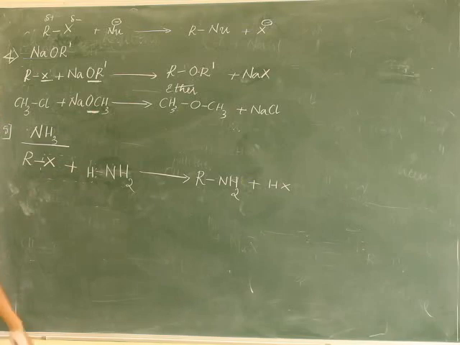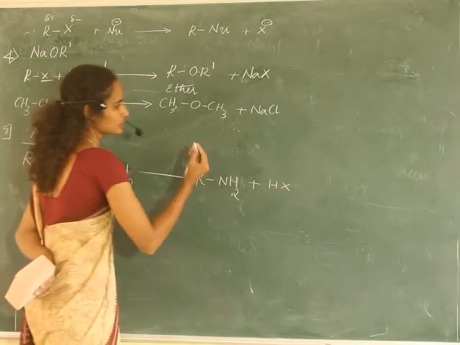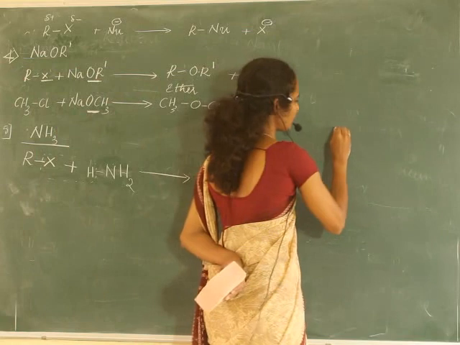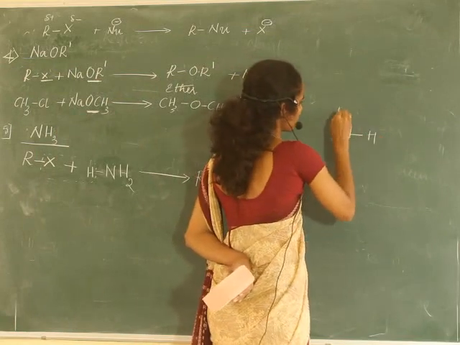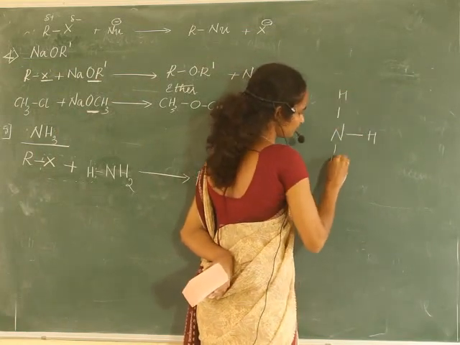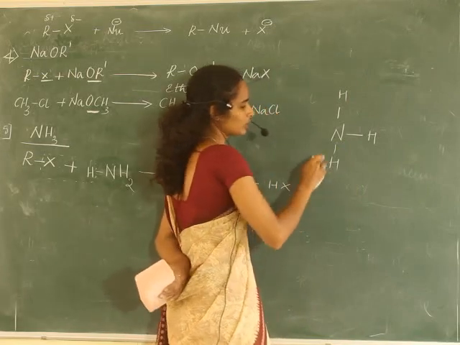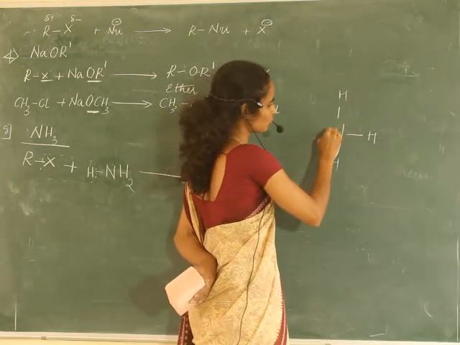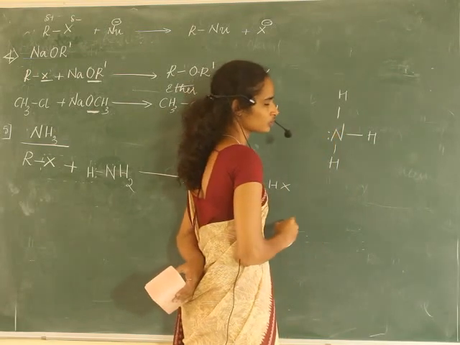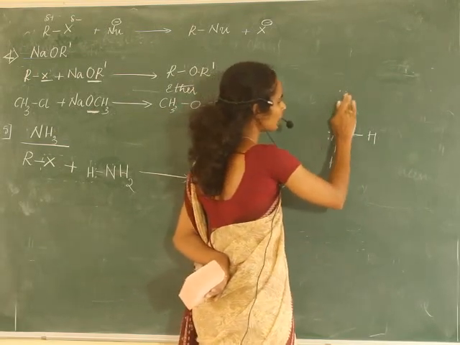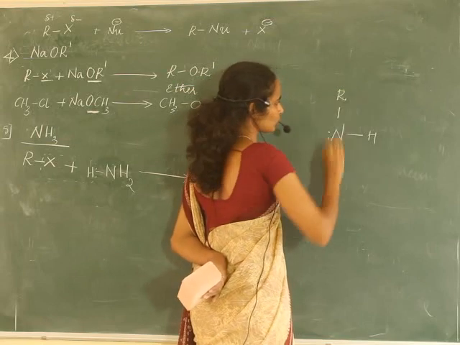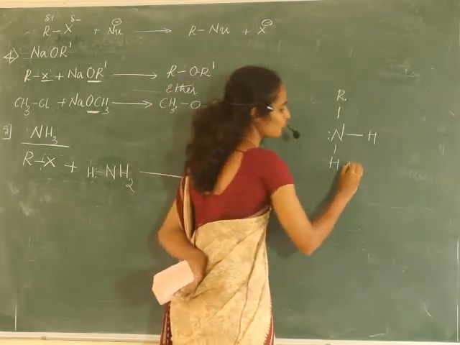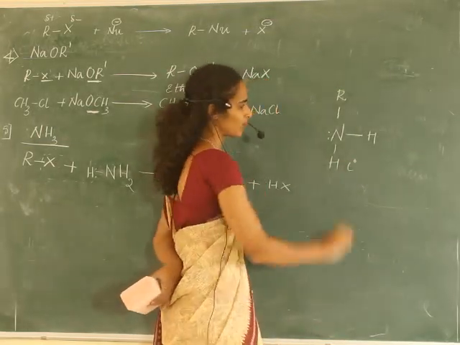Now see, first we took NH3, right? NH3 was there. The valency of nitrogen is 3, and it is satisfied with one lone pair of electrons. Now if we replace one hydrogen atom by an alkyl group, it results in the formation of a primary amine.